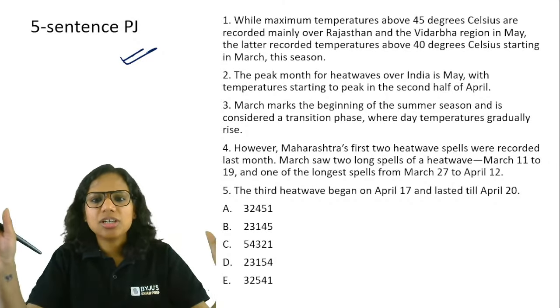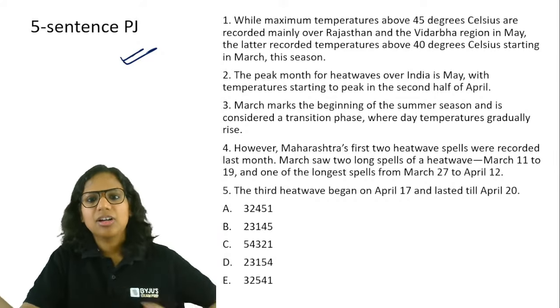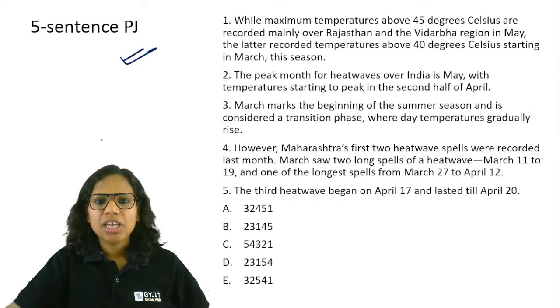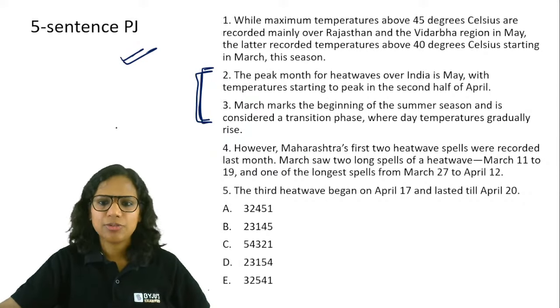So make connections here, make pairs. These two appear like general sentences, whereas these two particularly talk about Maharashtra's heat wave, isn't it? Maharashtra's first two heat wave spells, the third heat wave. So definitely 4 should come before 5.